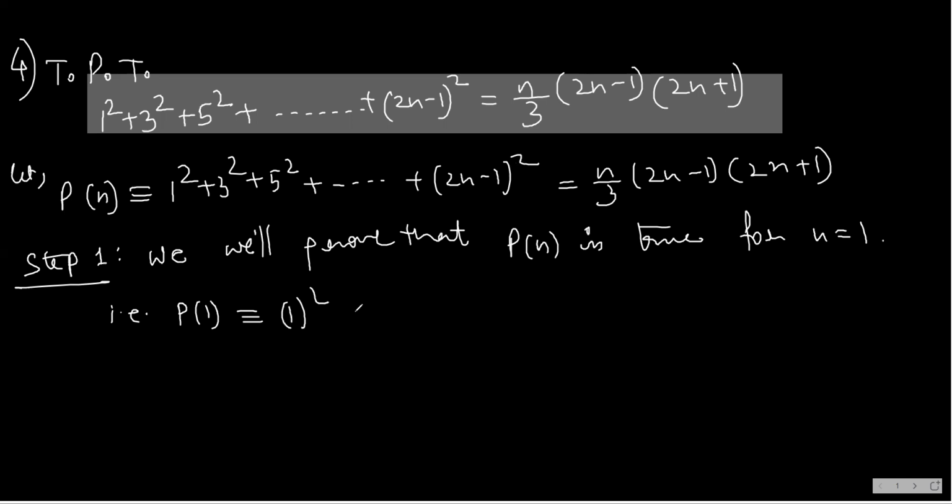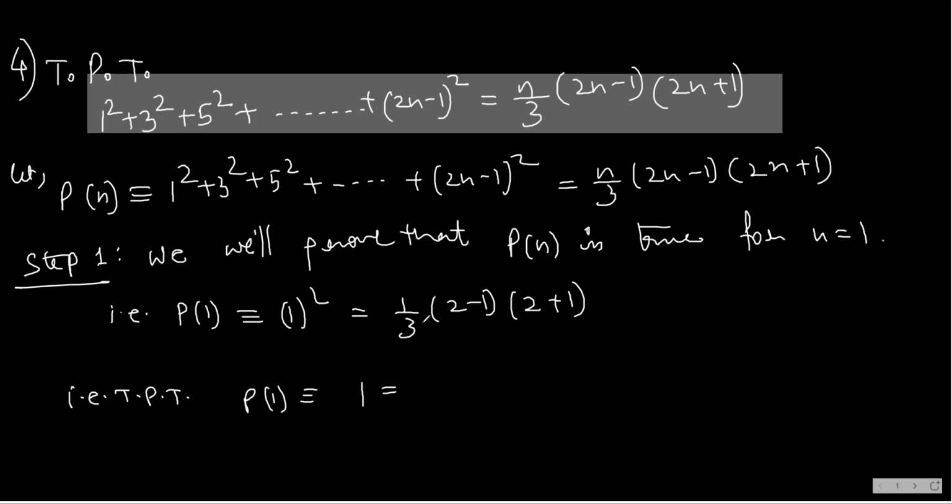That is 1 square equals, put n as 1, 1 by 3 into 2 into 1 minus 1, that is 2 minus 1, and 2 plus 1. That is, to prove that P of 1, which is 1 equals 1 by 3 into 1 into 3, which is 3. That is, to prove that P of 1, which is 1 equal to 1, is true.